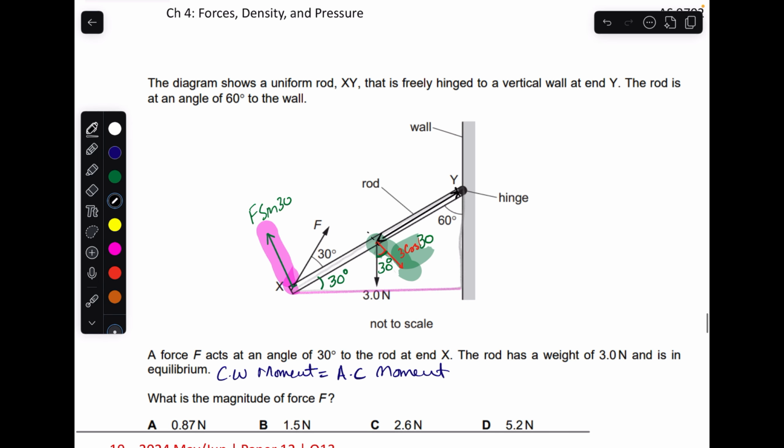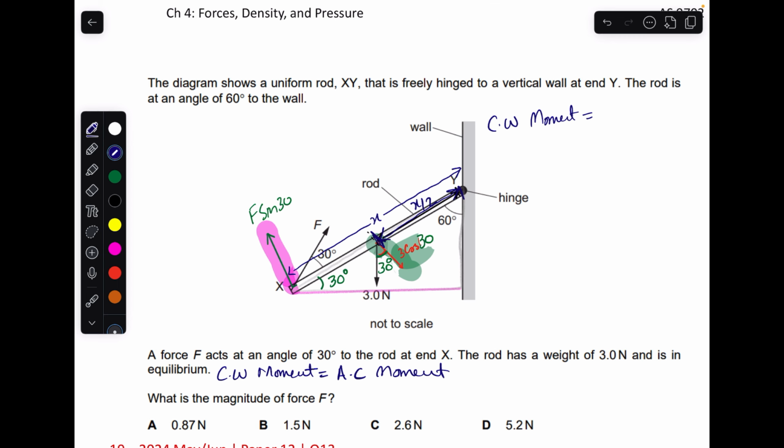Let's imagine this whole length is x. So from this point to this point, it will be x by 2. Okay. So the clockwise moment must be equal to the anti-clockwise moment. This will produce the anti-clockwise moment and this will produce the clockwise moment. So this is the clockwise and this will produce the anti-clockwise.